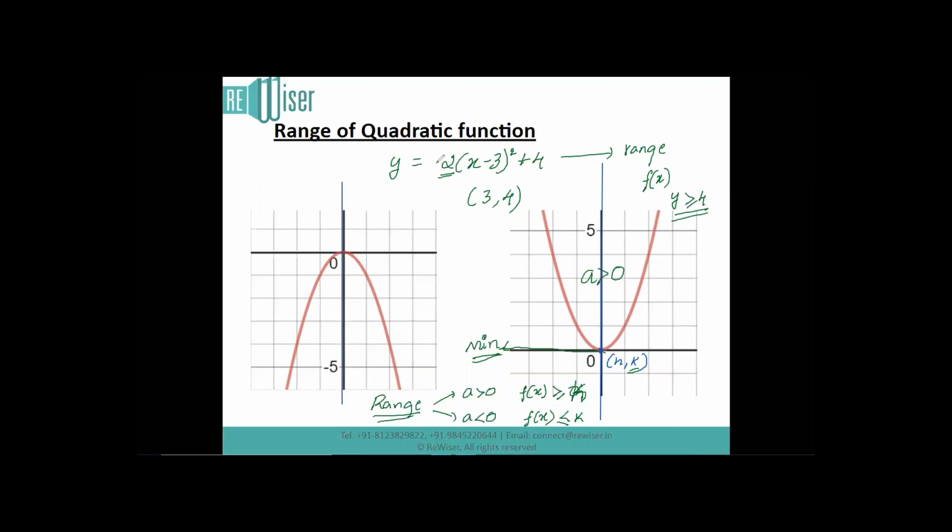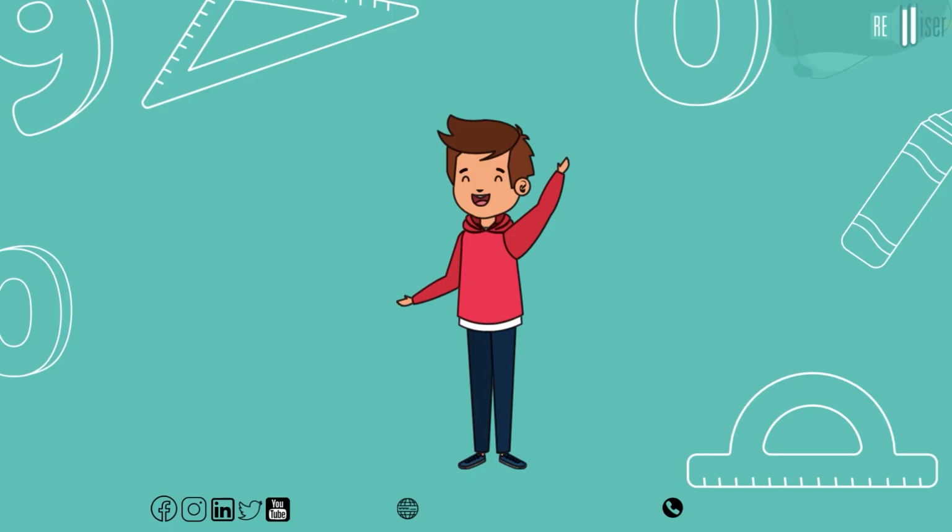In case I had negative 2, then since a is less than 0, the range would be y less than or equal to positive 4. The range of the function, or a maximum or minimum value of the function, always refers to the y coordinate of your vertex.